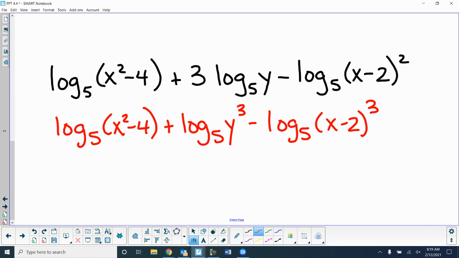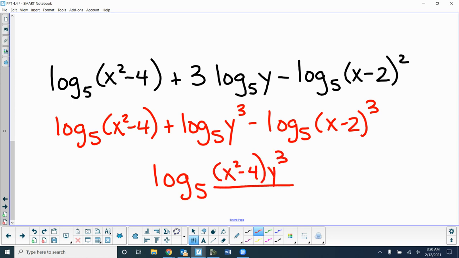When I put these two together, what happens to this and the y cubed? Because it's addition. Multiply. What happens to this one, though, since it's subtraction? Divide. So I'm going to just make it 1 x squared minus 4 y cubed divided by x minus 2 cubed.